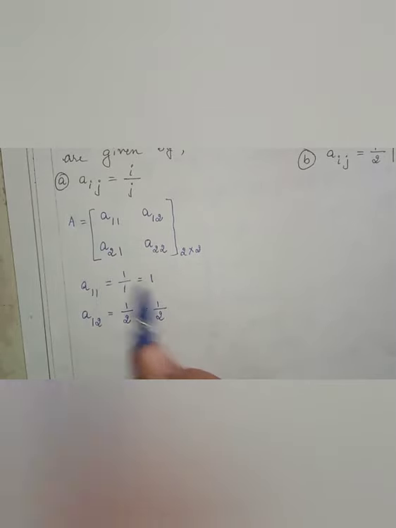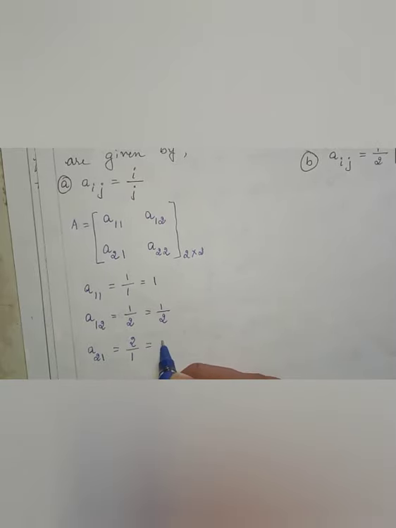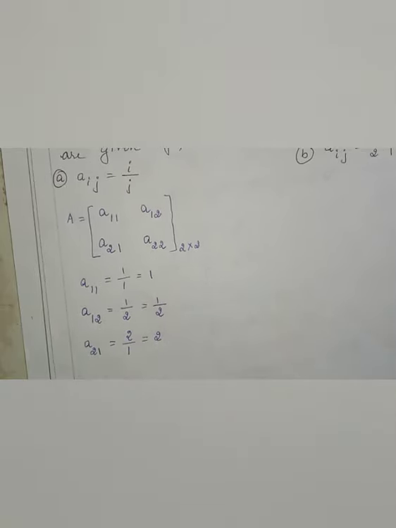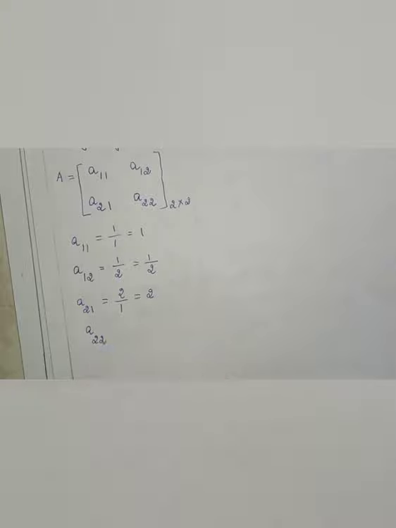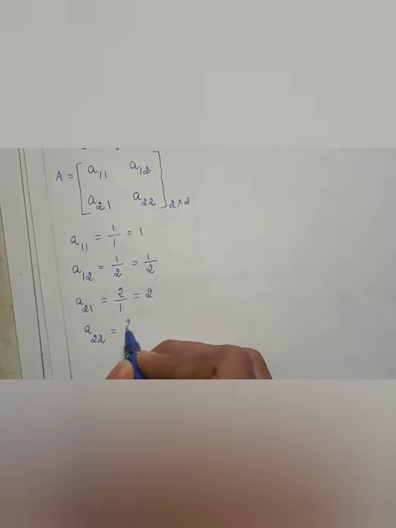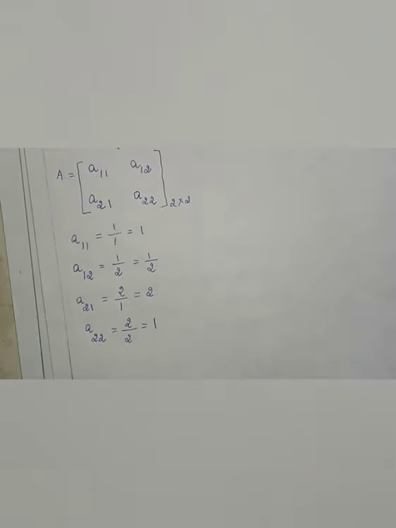Next element A21. Here i is 2, j is 1. So the total value is 2. And the last element A22. I is 2 and j is 2. So this is equal to 1.